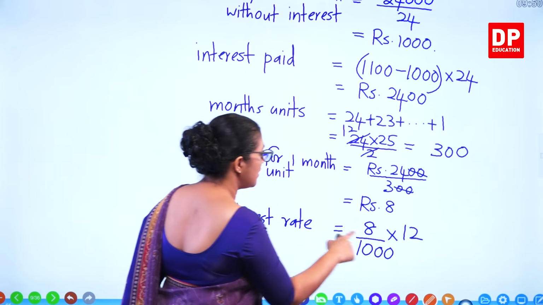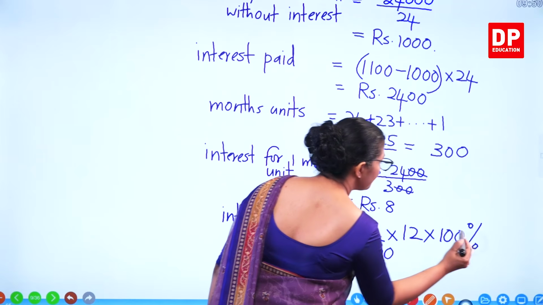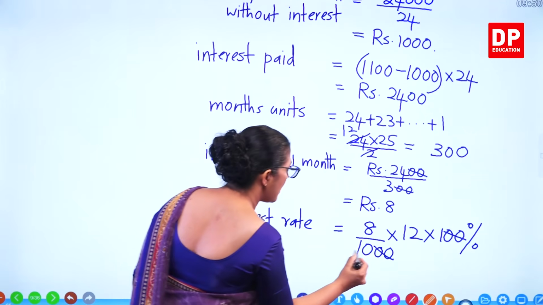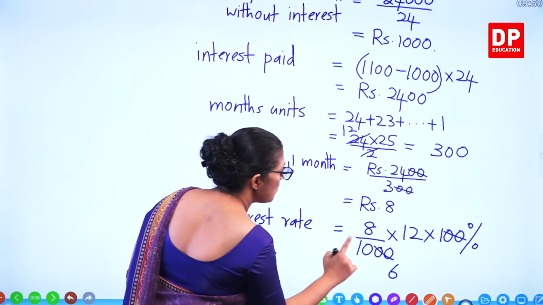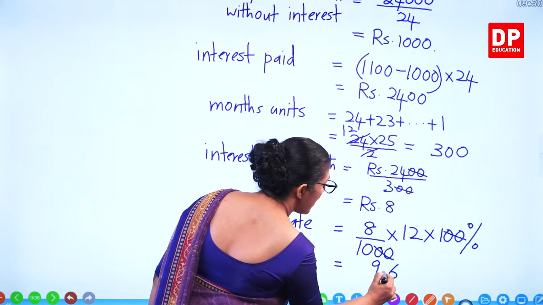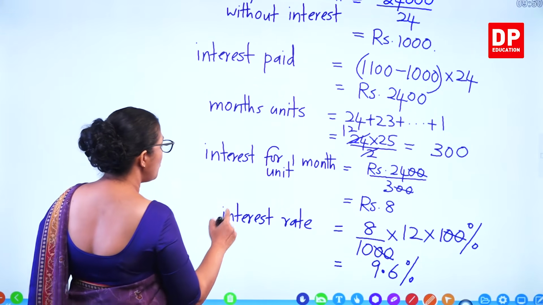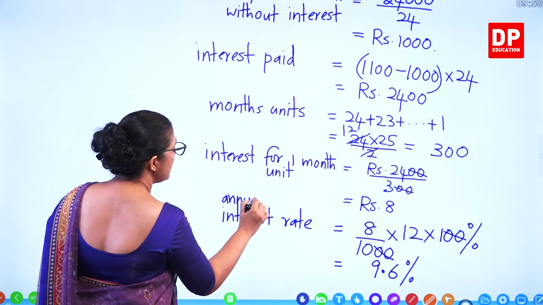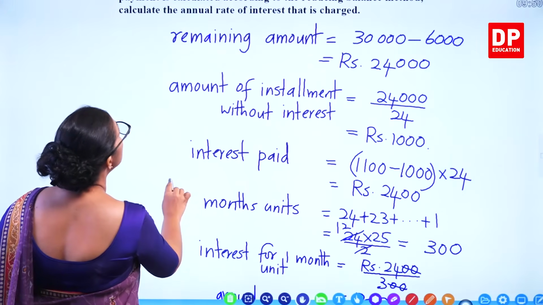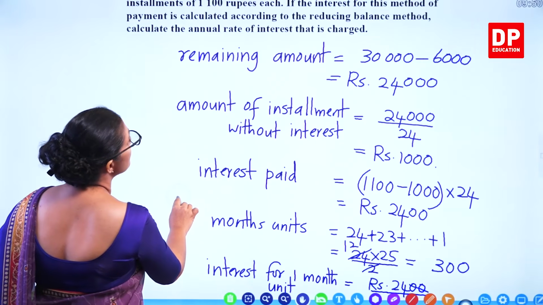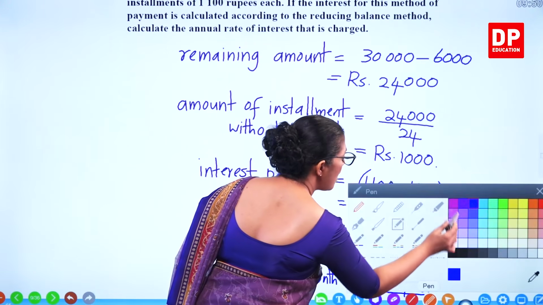Annual rate you have to multiply by 12 and this is 100%. 2 zeros get cancelled out. 8 times 2, 16 and 8 times 1, 8 plus 1, 9 and divide by 10 means 9.6%. So that's the annual interest rate. So that is what they're asking. Find the annual interest rate is charged. So 9.6. Now we'll see how you get marks.